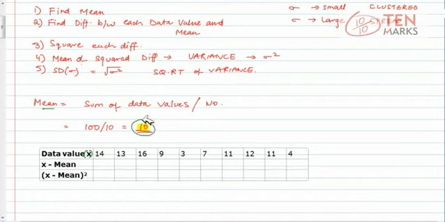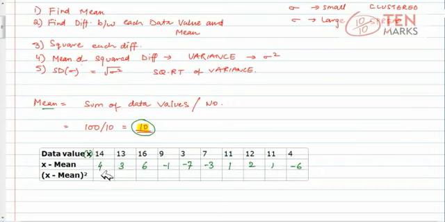Remember that the mean is 10, so I need to subtract 10 from each of these values. 14 minus 10 is 4, 13 minus 10 is 3, 16 minus 10 is 6, 9 minus 10 is negative 1, 3 minus 10 is negative 7, 7 minus 10 is negative 3, 11 minus 10 is 1, 12 minus 10 is 2, 11 minus 10 is 1, and 4 minus 10 is negative 6. That gives me all of the differences between each data value and the mean.